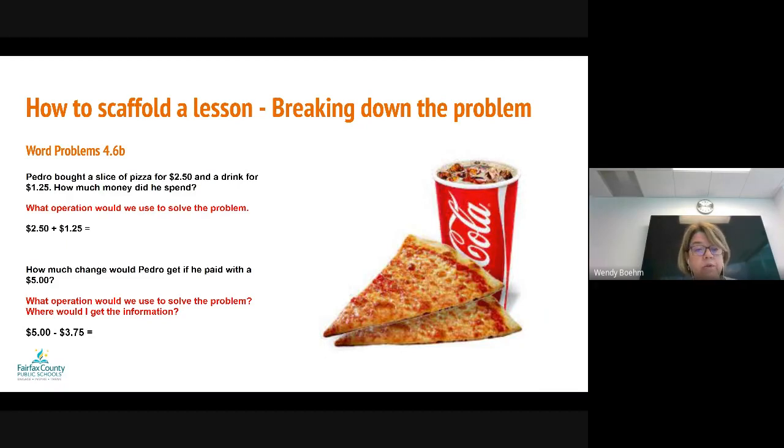Again, what operation would we use to solve the problem, and where would I get this information? $5 minus $3.75, which we solved in the first part of the problem, would give us the answer. What we have done here is we have taken a multi-step problem and we've broken it into 2 single pieces and modeled those for the student.